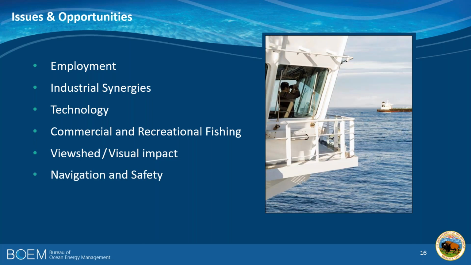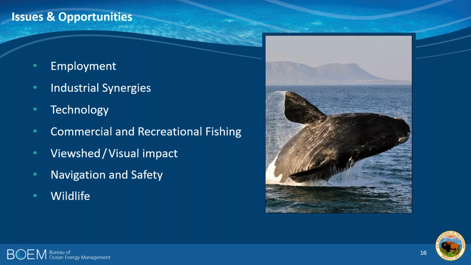And navigation and safety, of course, is one of the primary considerations in identifying where these wind farms can go in the first place. So that remains a very big issue. And then last but not least on this list, wildlife, of course, with the northern right whale, and then transmission issues.